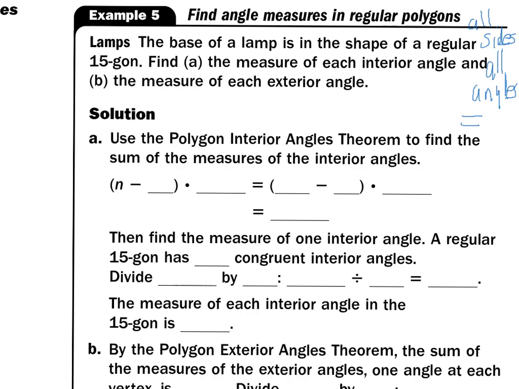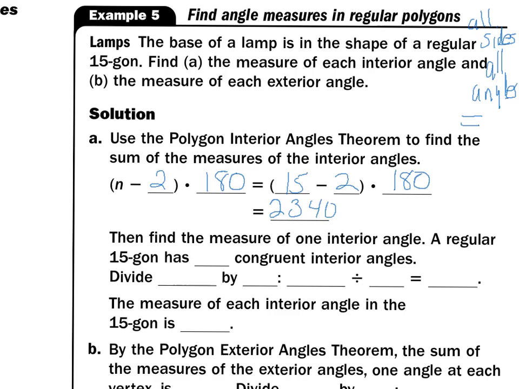Find A, the measure of each interior angle, and B, the measure of each exterior angle. Well, to find the interior angles, first we have to decide what they are all together. So n minus 2 times 180 equals 15 minus 2 times 180, and that's going to equal 2340.